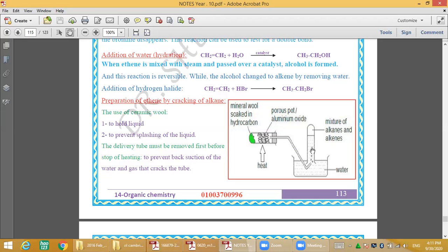Here we have cold water and this now is hot, so the return of cold water will crack the tube. So after we finish the experiment, we remove the delivery tube to prevent the cracking of the tube. And the mineral wool is used to hold the liquid inside and prevent splashing.